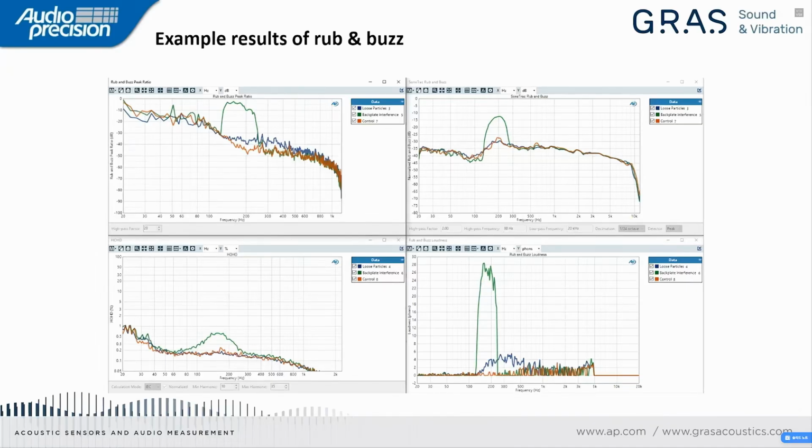The green trace is backplate interference, and then the orange trace is a loudspeaker without any rub and buzz. Then similar results, top right, which is SoundTrack, and you can see here how the resulting graph is cleaned up, less noisy.